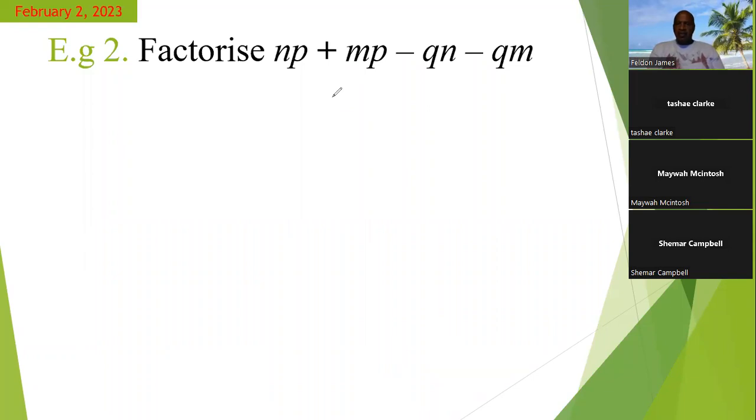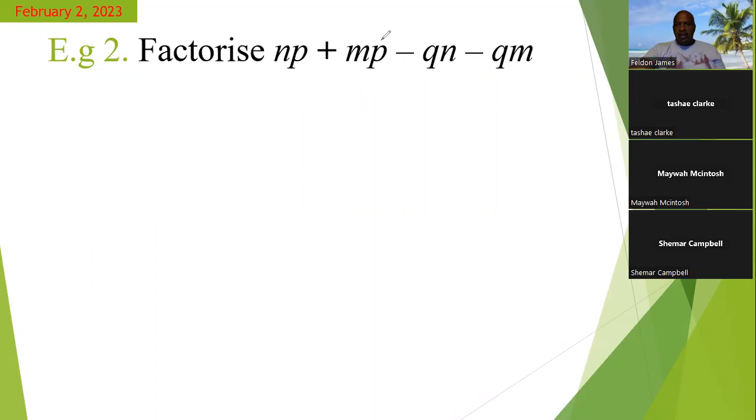When that is so, you need to try rearranging the terms in the expression to see if you can pair them up with some other terms so that you can actually get common factors for each pair. So that's one thing that you need to consider when you're factorizing these four terms.